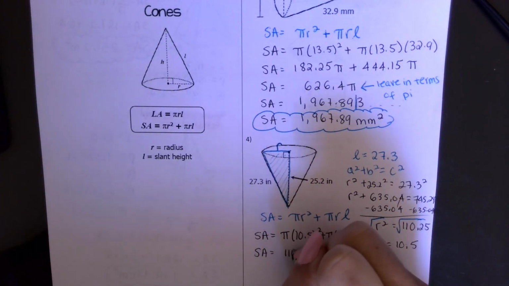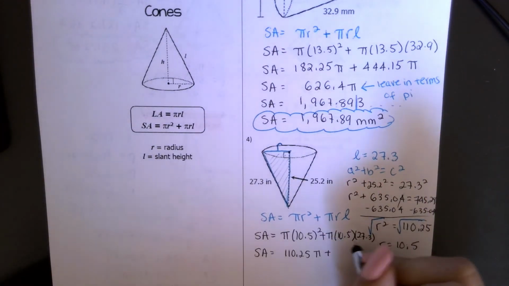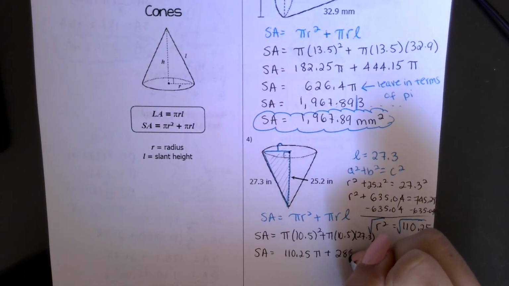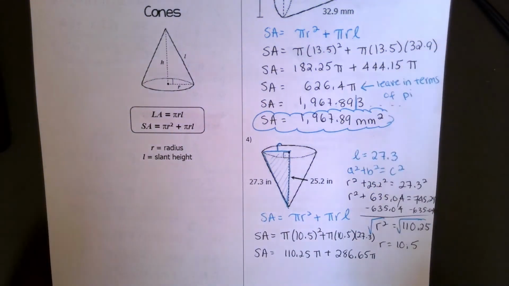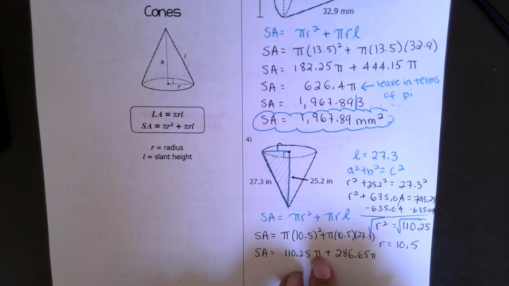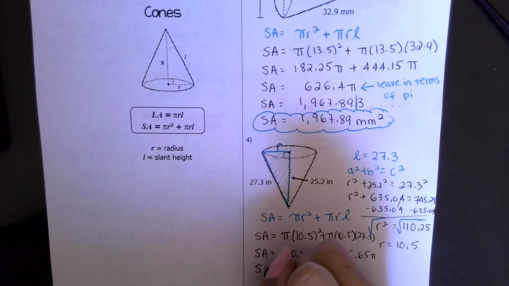So you get 110.25 pi plus, I'm going to multiply these and still leave the pi. Now again, if you want to go ahead and multiply with pi first, then add them, you could do that. But I'm going to keep them in terms of pi until my last step.